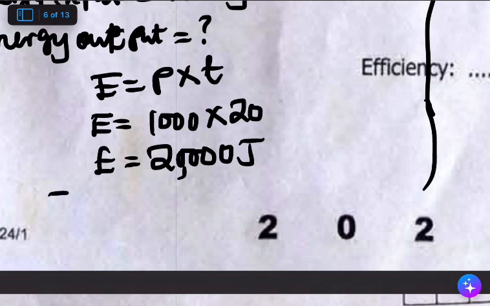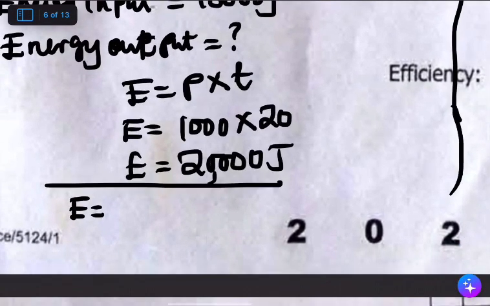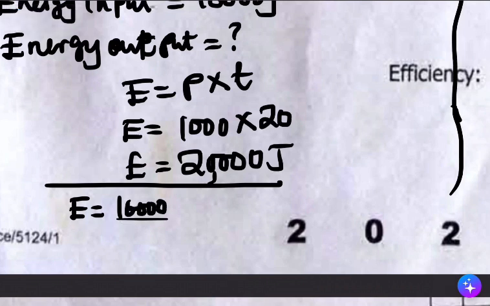You say efficiency is equal to energy input, which is 16,000, over our energy output, which is 20,000, and then times 100.